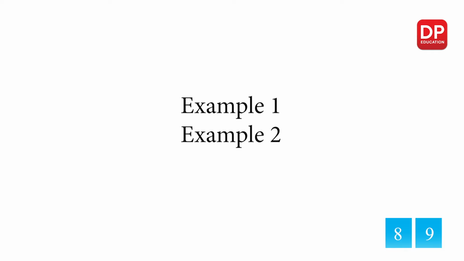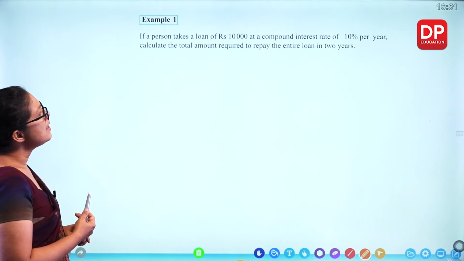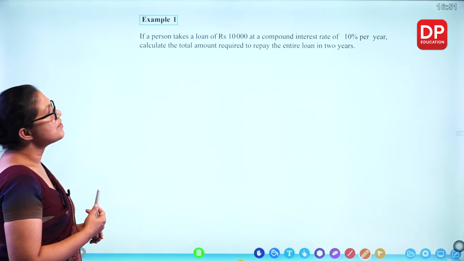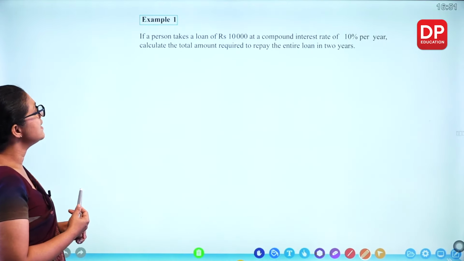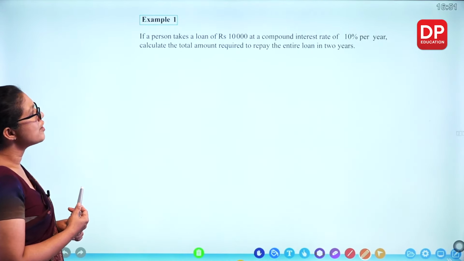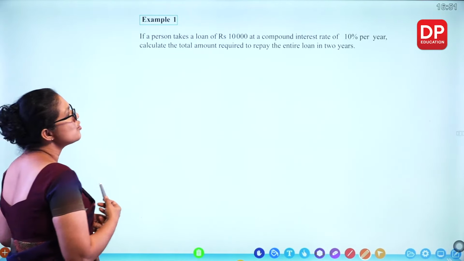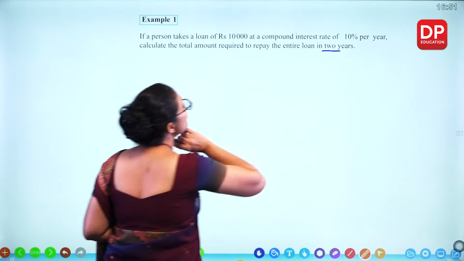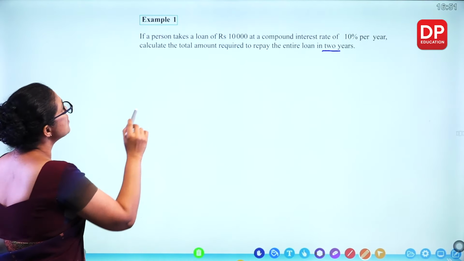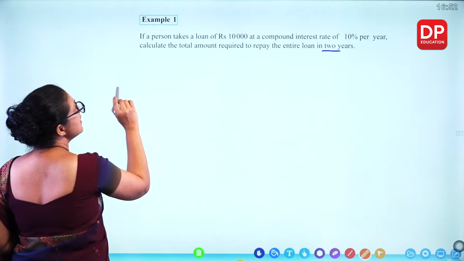Example number 1. If a person takes a loan of 10,000 at a compound interest rate of 10% per year, calculate the total amount required to repay the entire loan in 2 years. So straight away we can use the third method.